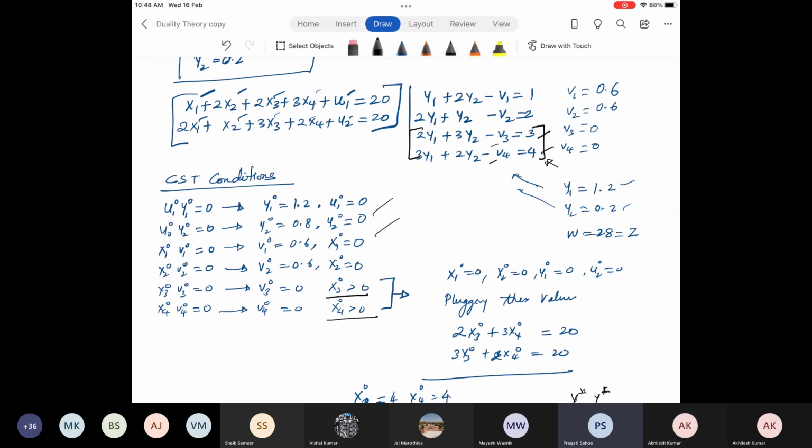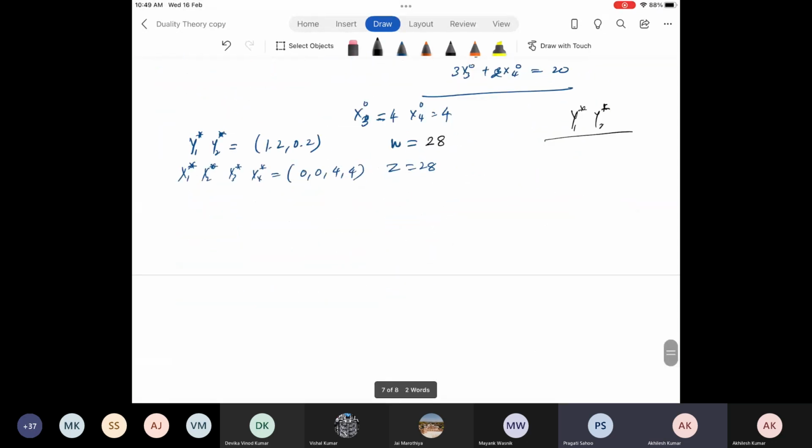Make sense? Or in other terms, if slack variables in the primal problem are greater than 0, what happens to the corresponding dual variable? It has to be equal to 0. The dual variable will become equal to 0. So these are the important insights from the duality theorem.